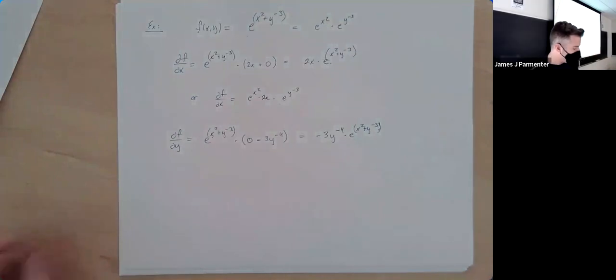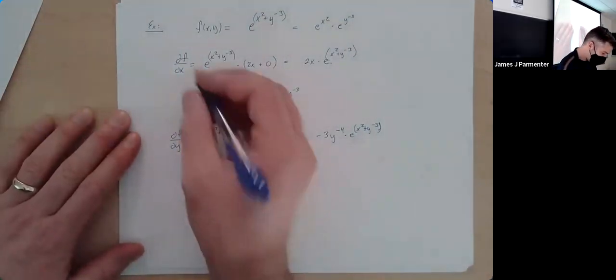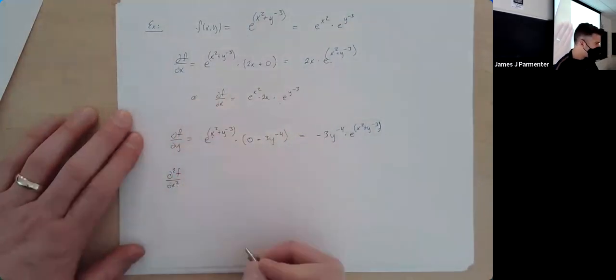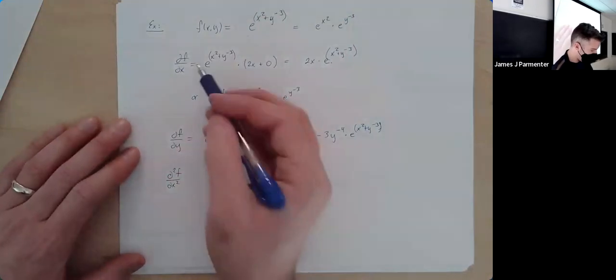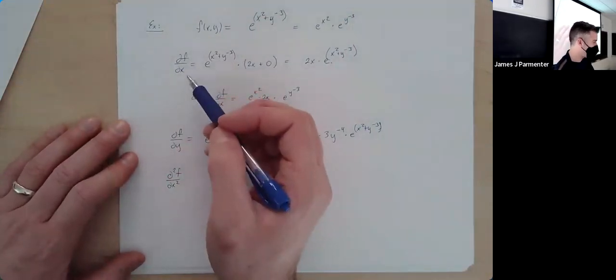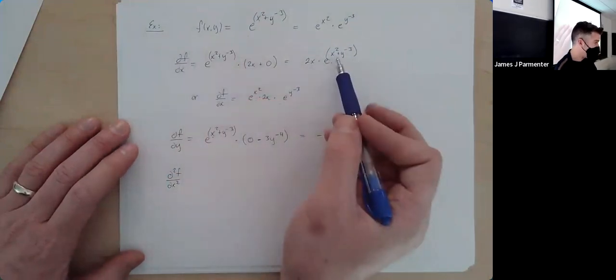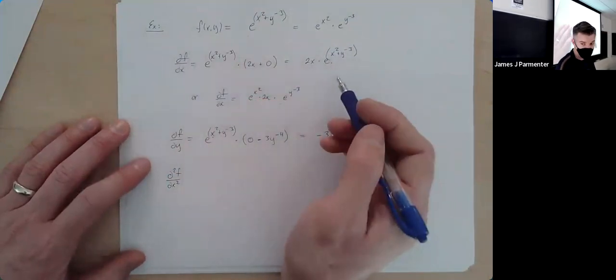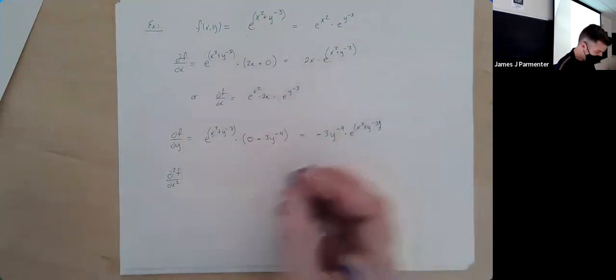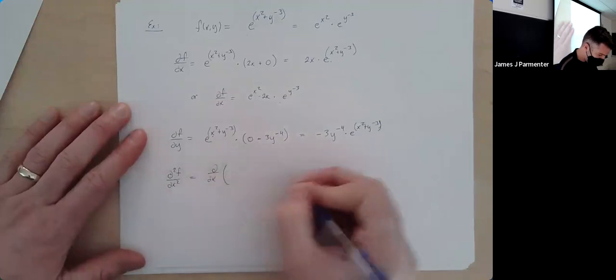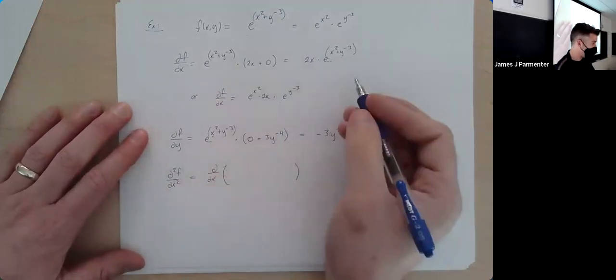Okay, when you start taking second derivatives, it gets messy. So if I'm going to take del squared f del x squared, which is just the derivative with respect to x of the derivative with respect to x, I'm going to take my del f del x and take the derivative of that. I usually like to write out an additional step here, writing this as the partial with respect to x of the partial with respect to x that I just found.